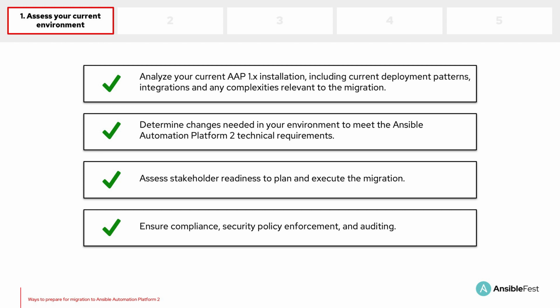Determine changes needed in your environment to meet the Ansible Automation Platform 2 technical requirements. We'll discuss these more later, like introduction of automation mesh and automation execution environments. Assess the stakeholder readiness to execute migration and adopt the new version of the platform. And finally, ensure compliance, security policy enforcement, and auditing.